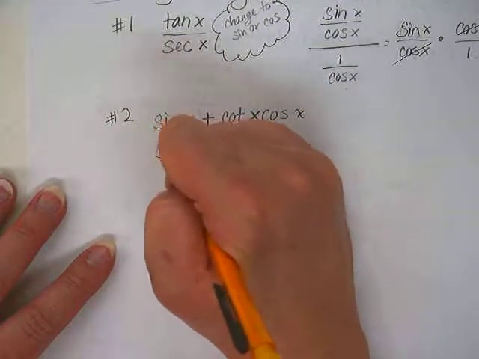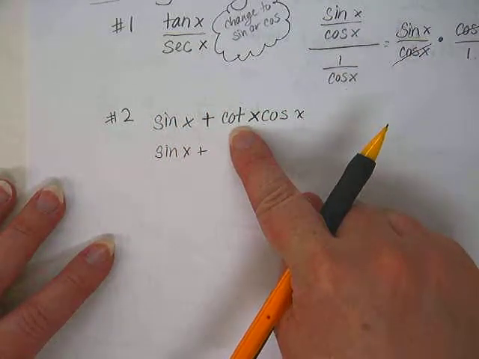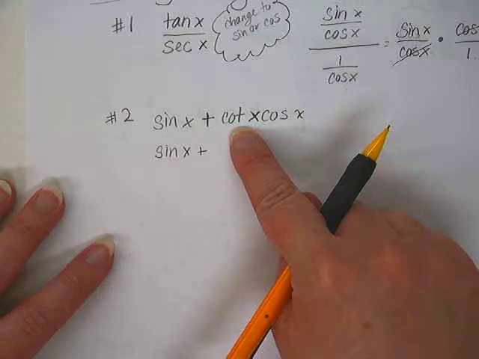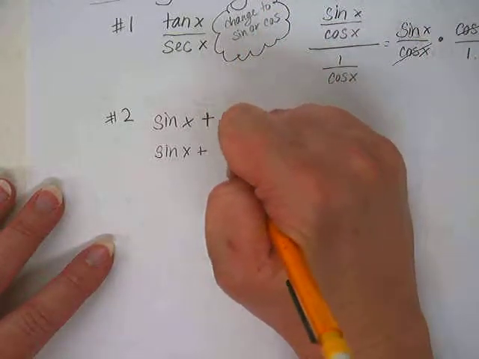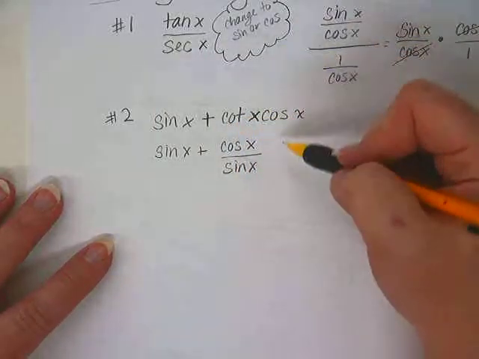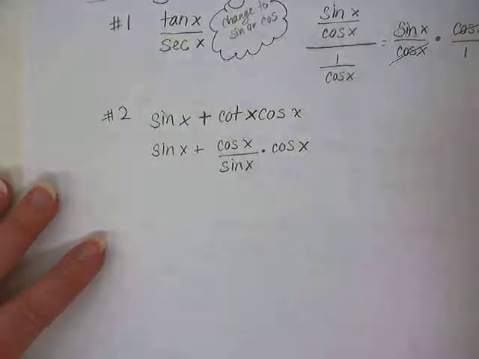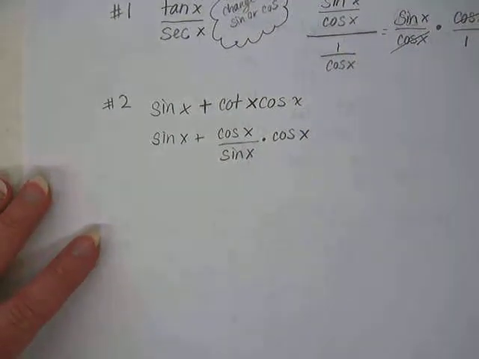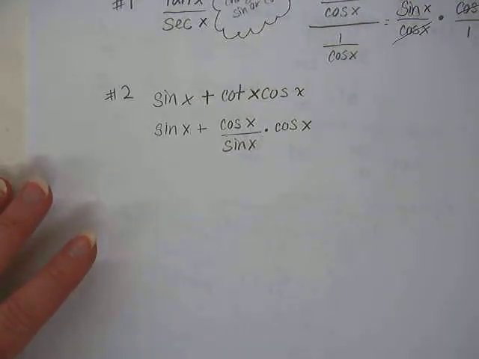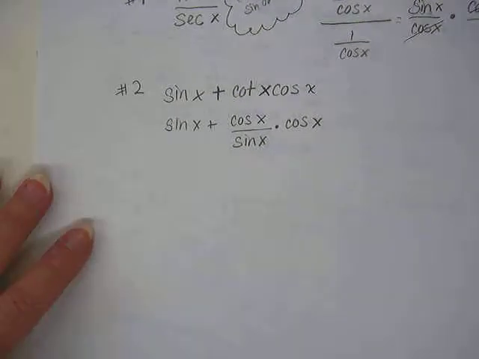So sine is already sine, right? Can I change cotangent so it's in terms of sine and cosine? Okay. So cosine x over sine x for the cotangent part of it. But then that would just be multiplying times cosine x, because that's already in terms of sine and cosine.